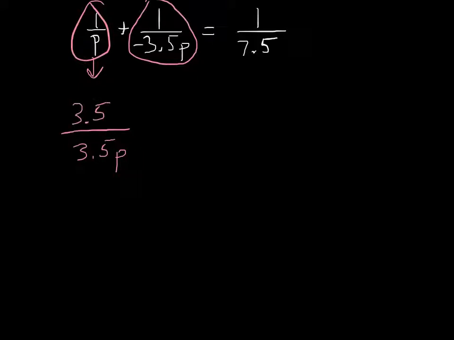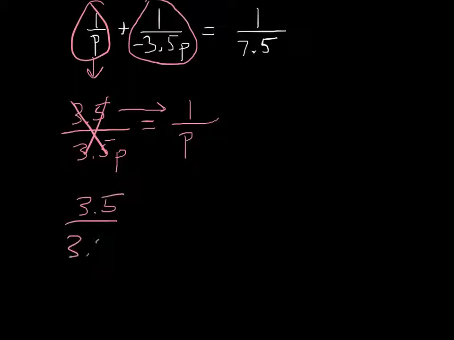So when I simplify this, 3.5 divided by 3.5p, I get 1 over p. So this fraction is unchanged. The 3.5's cancel. But now I have this 3.5p for my common denominator. 3.5 over 3.5p.